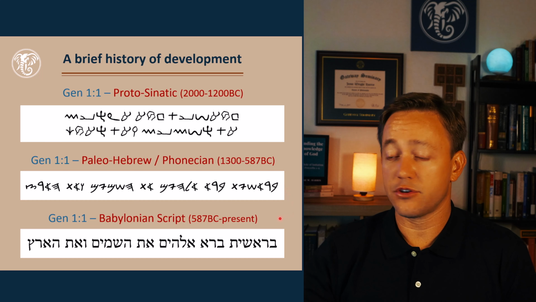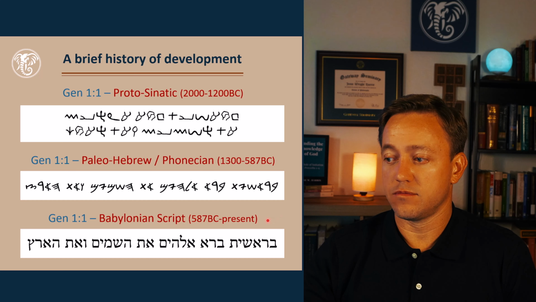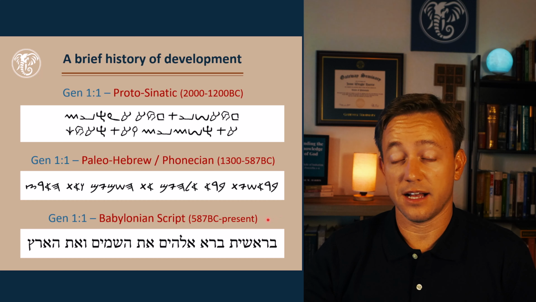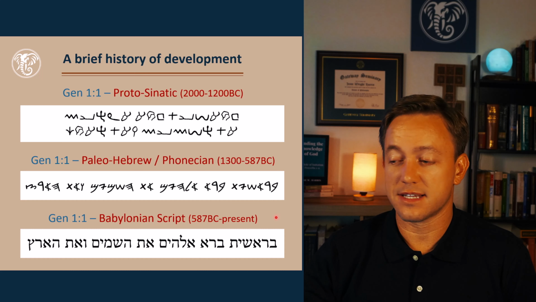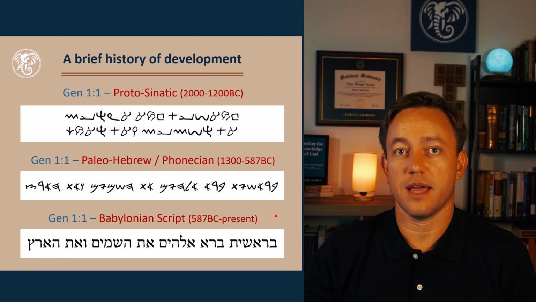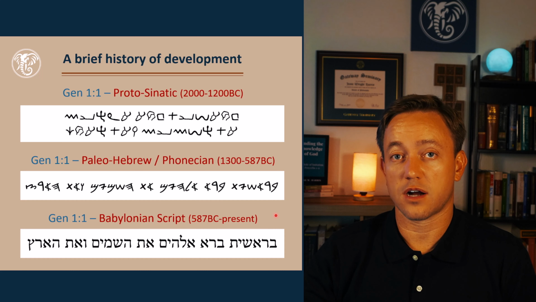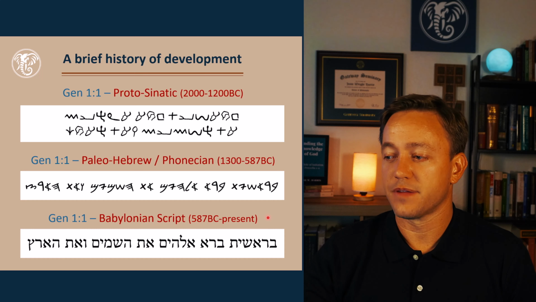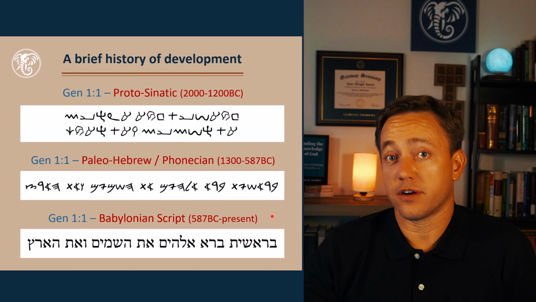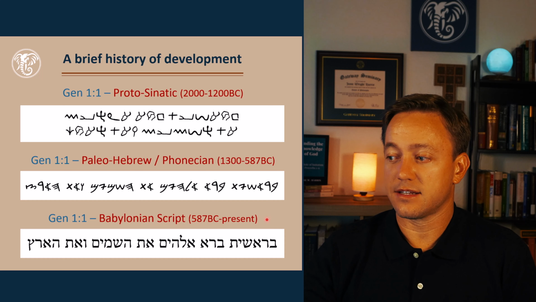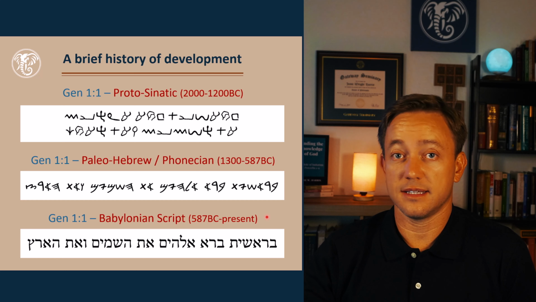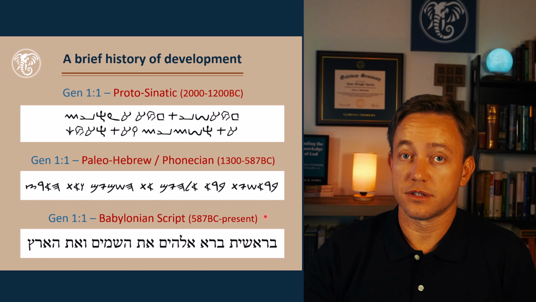Well, something interesting happened during the Babylonian exile, which occurred around 587, right? When Jerusalem and Judah was conquered by the Babylonians and they were taken away. And so many, if not most, of the elites from Jerusalem were taken over to Babylon, and in many ways were kind of integrated with the society, and they started using the Babylonian script.